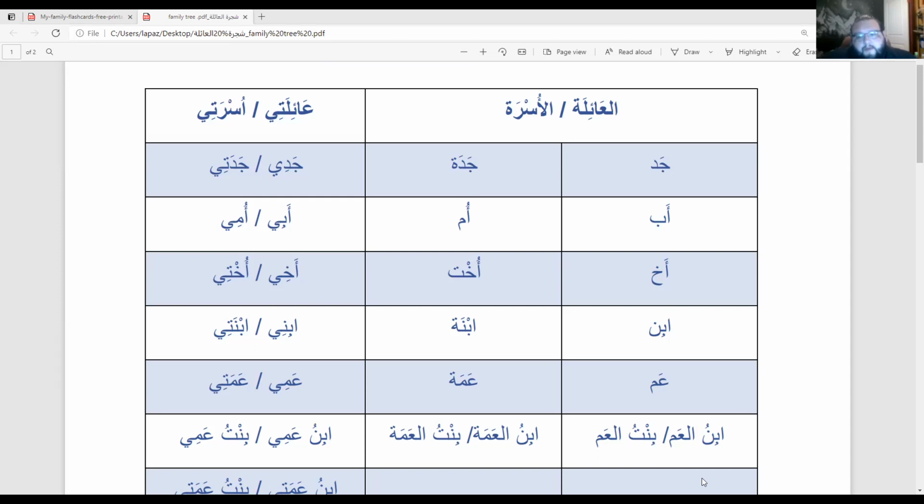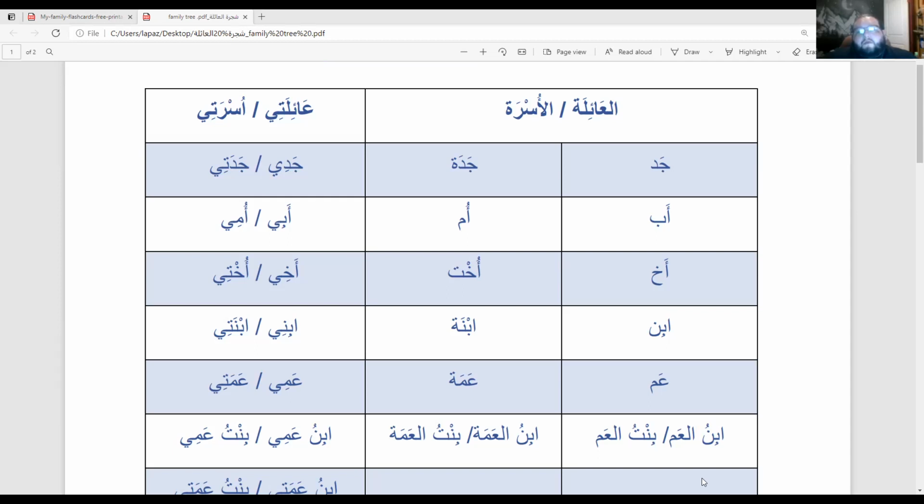For example, let's start with الأسرة. Since الأسرة ends with the ta marbuta, I need to add a ya, so I will have the sound of a ta. It would be أسرتي. Yes, أسرتي.